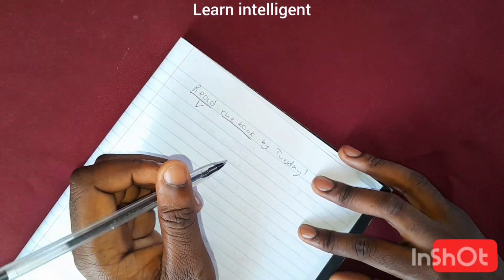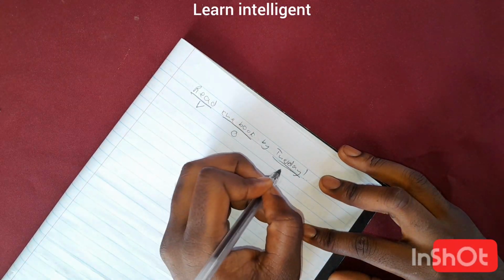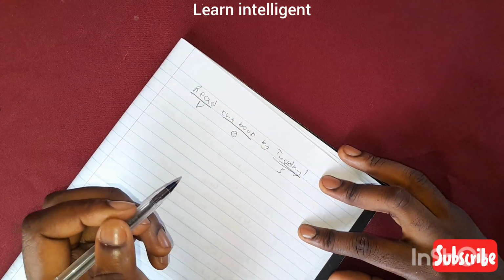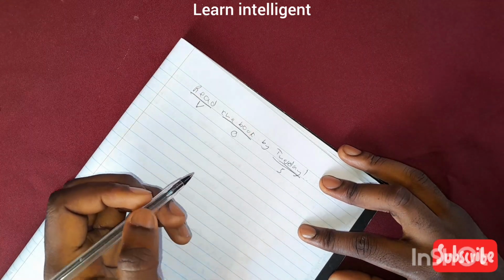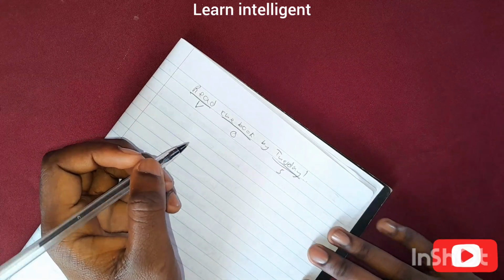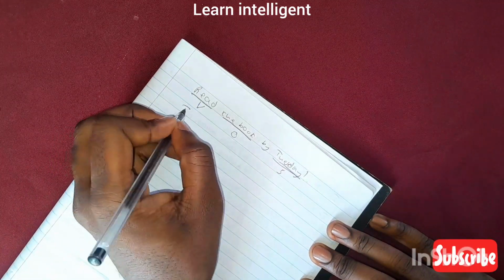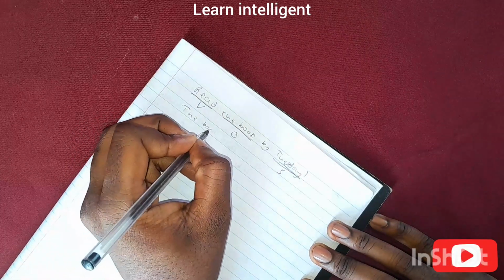The book is our object. When changing this sentence to passive form, we start with the book.